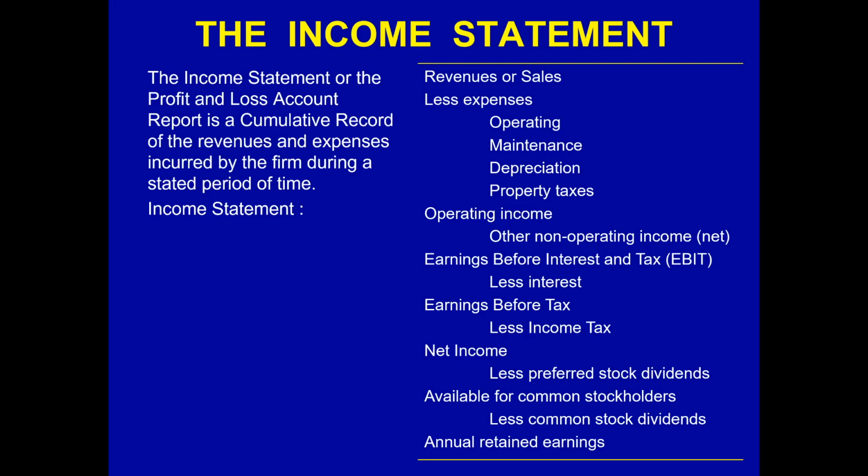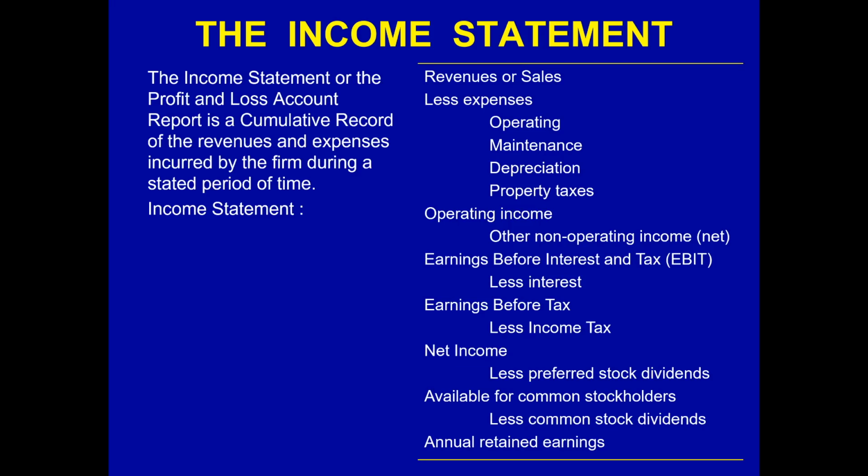Now we come to the income statement. We will continue with some more examples and exercises, of course. But first of all, let's look at the second important statement, that is the income statement.